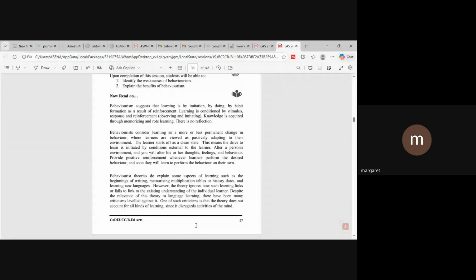Okay. Now, although behaviorism explains language learning, especially at the early ages, they will need a lot of behaviorism to get them to learn. However, it ignores one important thing: the learners that come to our class, we say they are not empty slates.